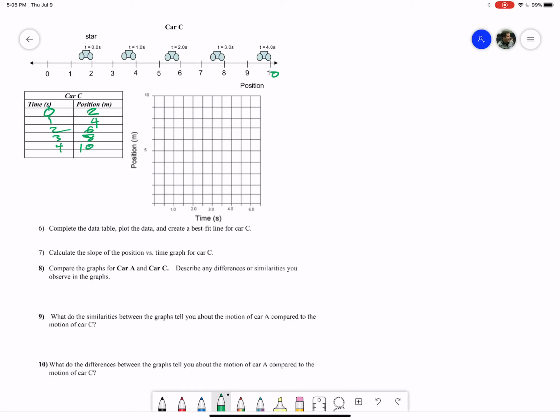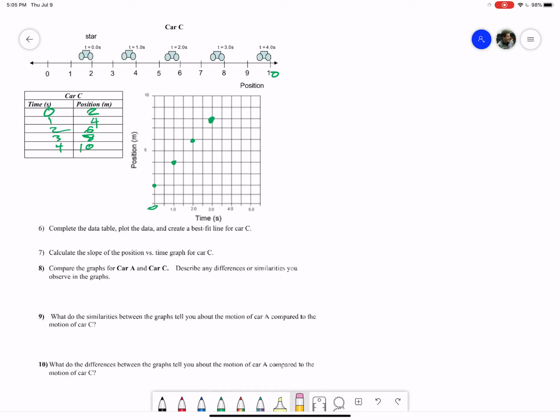Okay, now looking at the data table, we have to plot this out. So looking at the data table, we are going to go first one. So here's our 0, 0 right there. And at 0 seconds, we are already at 2 meters. At 1 second, we're going to be going up to 4 meters. 2 seconds, we're going up to 6 meters. 3 seconds, 8 meters.